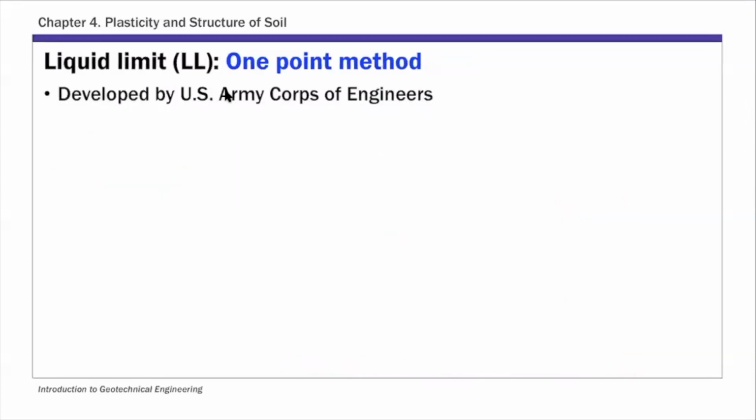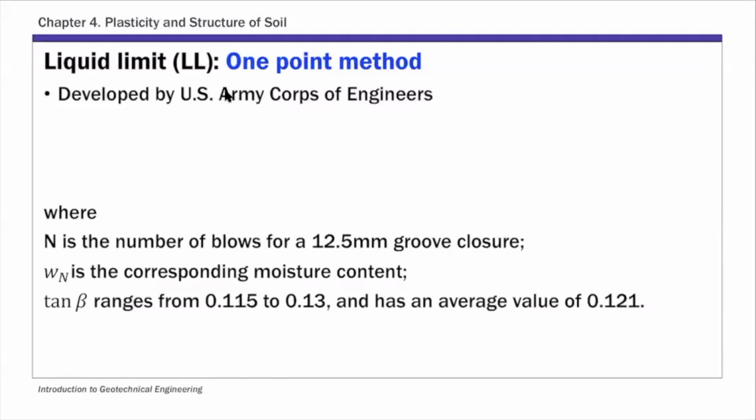And there are other options to get that liquid limit. And so the one I just introduced, that's the standard liquid limit test. And there are other options. The first one is called the 1-point method, developed by US Army Corps of Engineers. And this 1-point method basically uses just one single data point to get LL value. So this is an empirical equation.